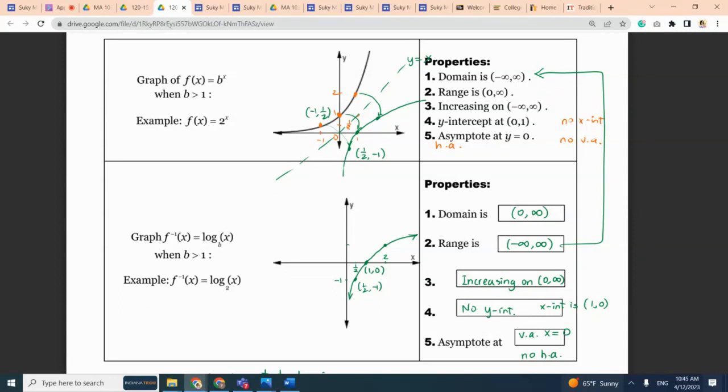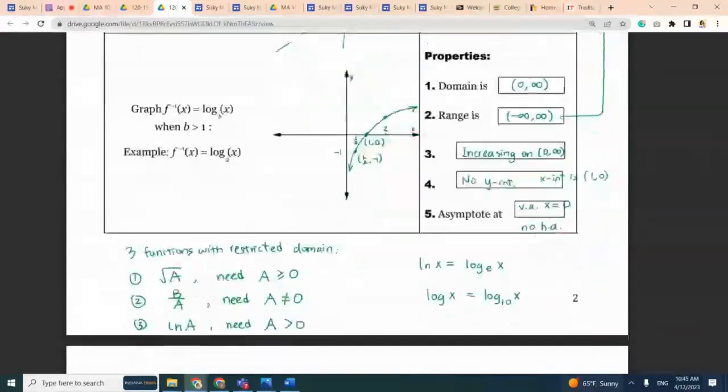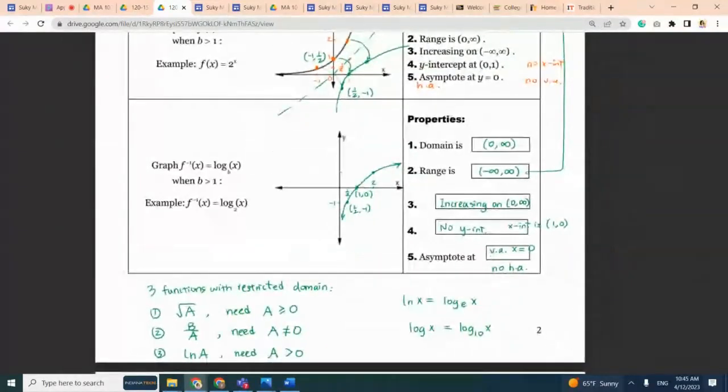Okay, everybody? Similarly, we get a bigger list of our domain. Do you remember what are the functions with restricted domain? The first one was square root of a, yeah? You need the a to be greater than or equal to 0. And then second one, we have the fractions: you need the denominator not equal to 0. Now, add one more. Add the ln of a.